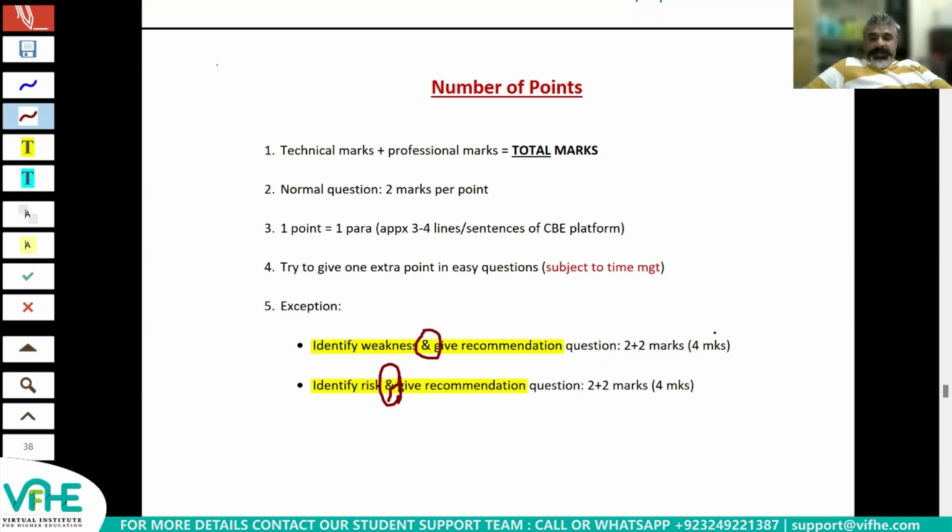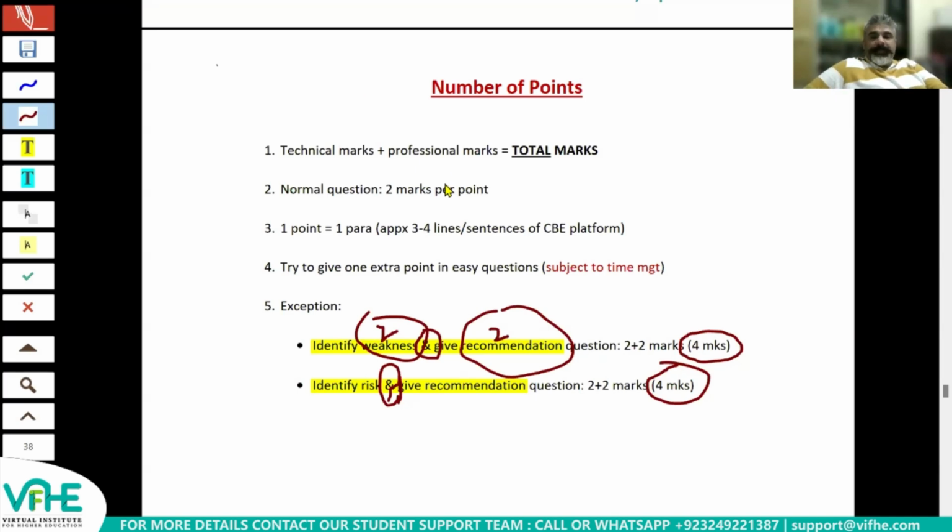In this case, we will divide by 4 instead of 2. Why? Because 2 marks for the weakness and 2 marks for the recommendation, total 4 marks. To decide the number of weaknesses we have to identify, we divide by 4. So 2 plus 2 is 4.